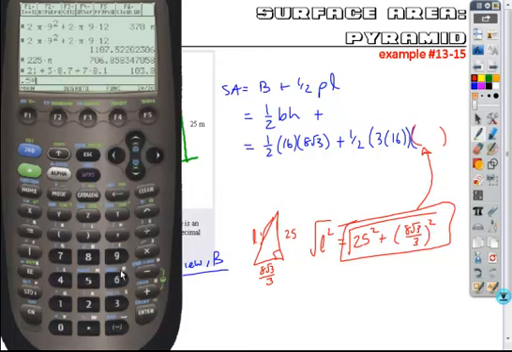So 1/2 of 16 times 8√3 plus 1/2 of 16 times 3 times this whole quantity, which I'll put in a radical, 25 squared plus the quantity 8√3, close the radical on the 3, divide by 3, close the parentheses around that whole fraction and square it, and then close the parentheses around my square root.